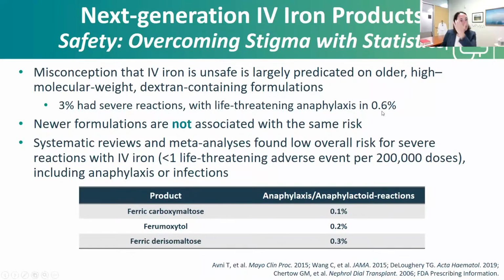So I want you to wipe that from your mind, and keep in mind that severe reactions with IV iron are now estimated to occur in less than 1 per 200,000 doses administered. What that means for these newer products is that anaphylaxis or anaphylactoid reactions occur in 0.1% to 0.3% of the doses given. So this is much, much safer than in the past.